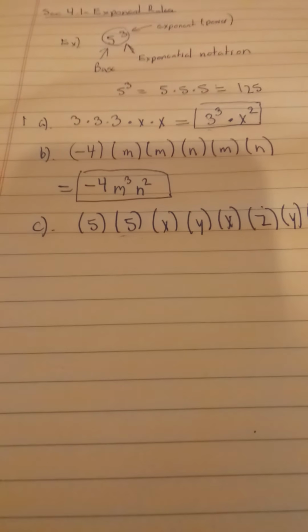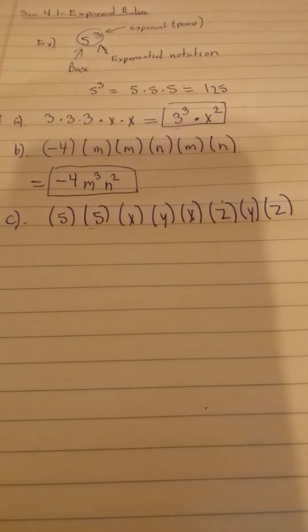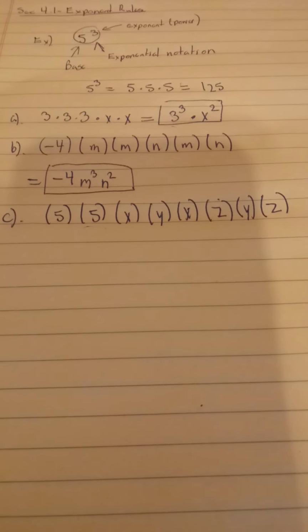All right, so let's go ahead and take a look at this. So we have 5, 5, x, y, x, z, y, and another z.